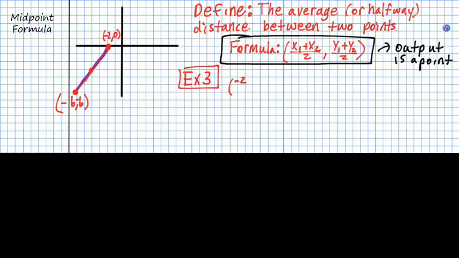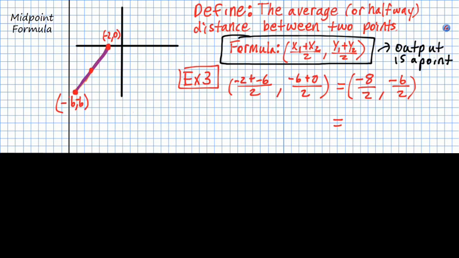So negative 2 plus negative 6 over 2, comma, and then my y values will be negative 6 plus 0 over 2. And then we can simplify this. So negative 2 plus negative 6, that's going to be negative 8 divided by 2, comma, negative 6 divided by 2.